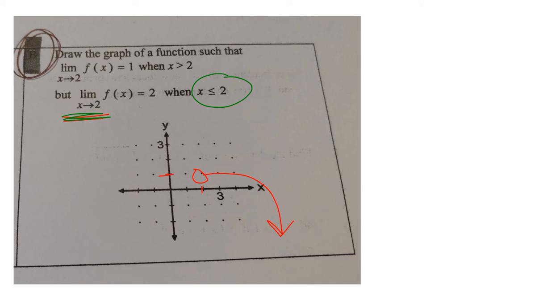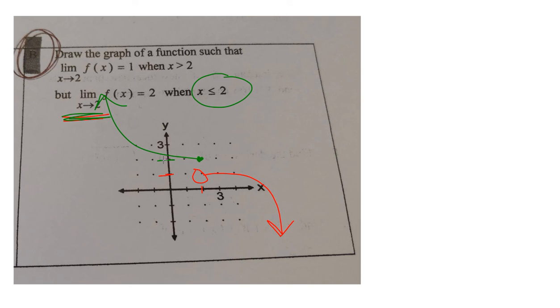So where's my 2? It's right here, and there we go. That's a nice filled in circle, and it's when I come from the other direction, so I'm just going to draw my graph. You can make it look any old way you want. So coming from the left, values less than or equal to 2, the intended height of the function is 2.